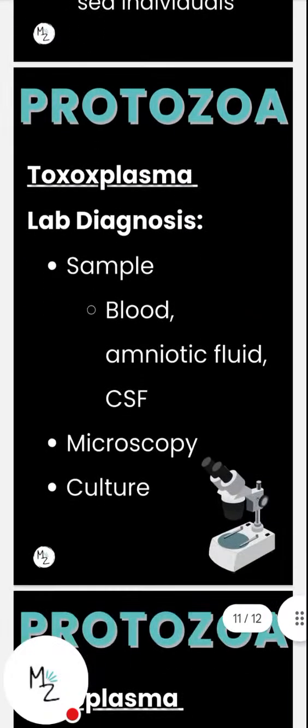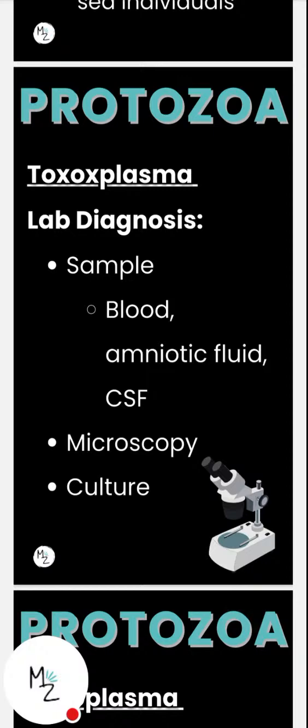Now let's look at the lab diagnosis. We now know about the parasite, we now know how it is responsible for causing the disease, but how do we diagnose it? We'll definitely need certain samples. We'll go for blood, amniotic fluid, because this parasite also causes congenital toxoplasmosis in the fetus. And we'll also go for CSF, the cerebrospinal fluid sample.